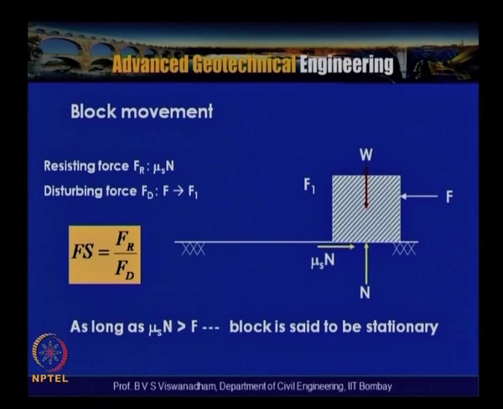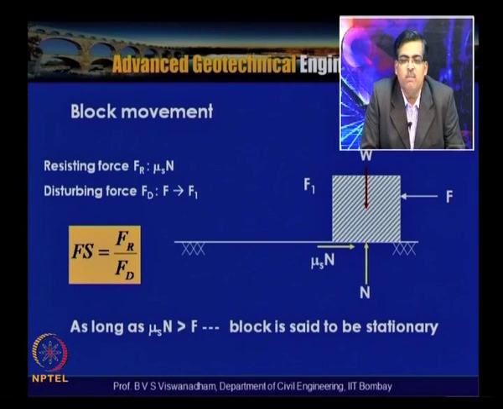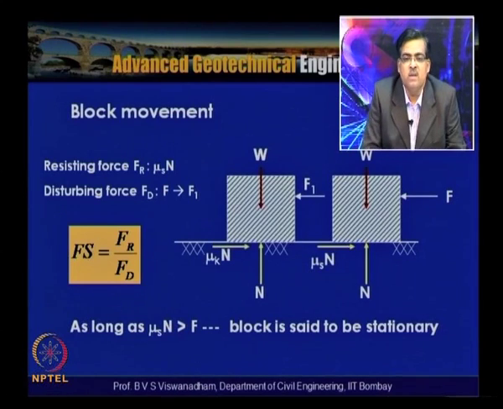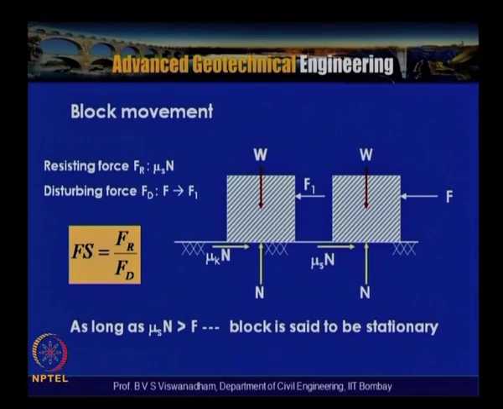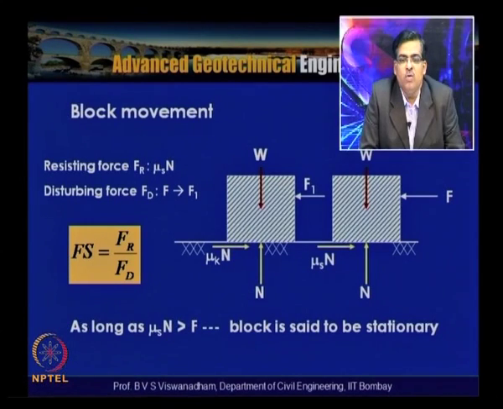Then the resisting force is nothing but mu s N, and the disturbing force is F. When F tends to become equal to F1, there is a possibility that the block can move. When F1 overcomes the resisting force, the destabilizing activity has commenced.